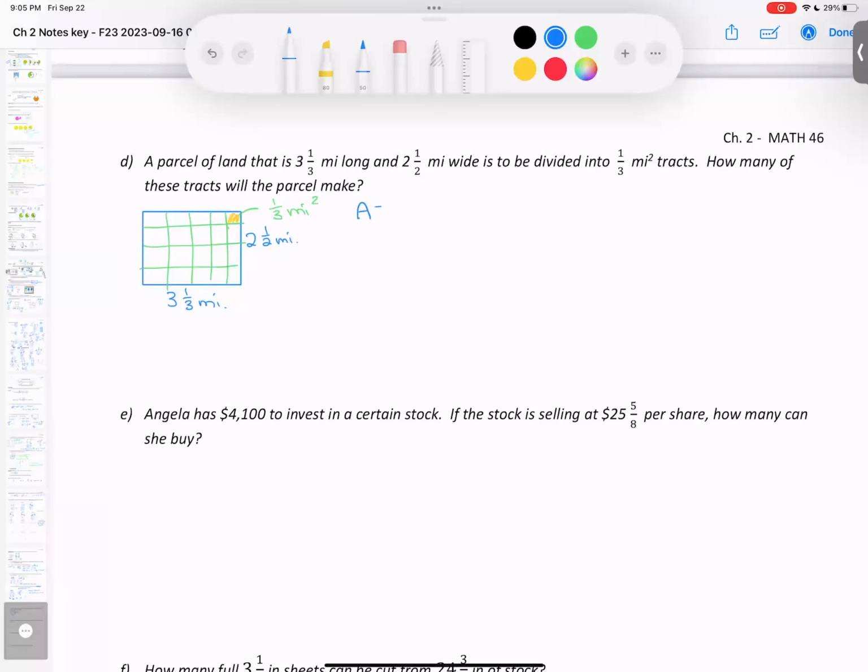So area we know is length times width. So here we're going to have 3 1/3 times 2.5. Let's convert that to improper fractions. So we get 3 times 3 is 9, plus 1 is 10/3, times 2 times 2 is 4, plus 1 is 5, so 5/2.